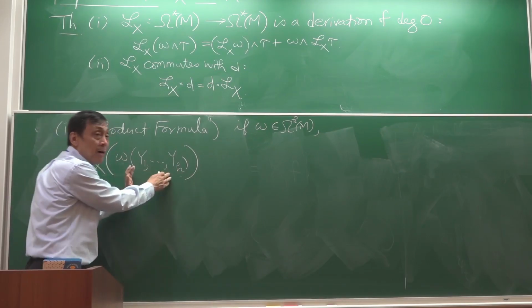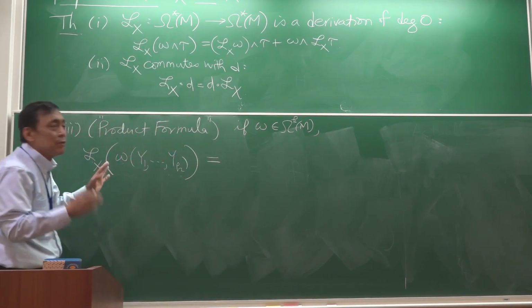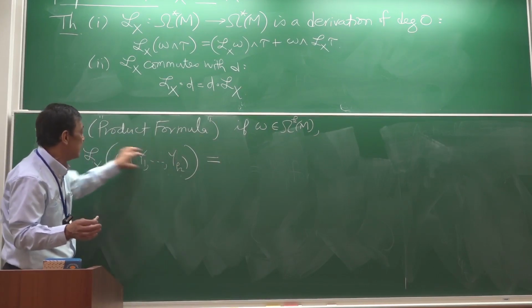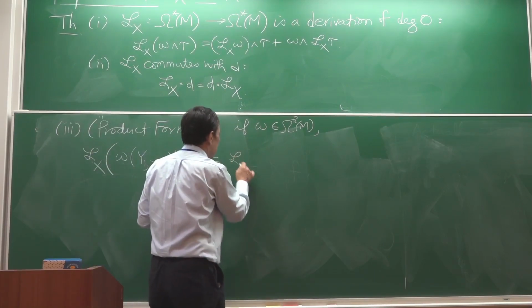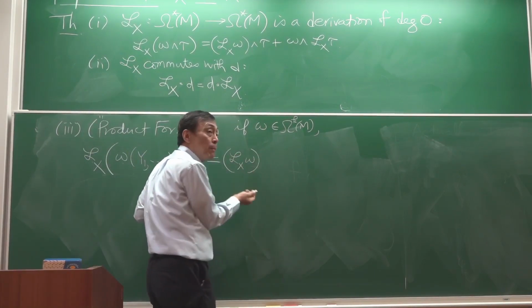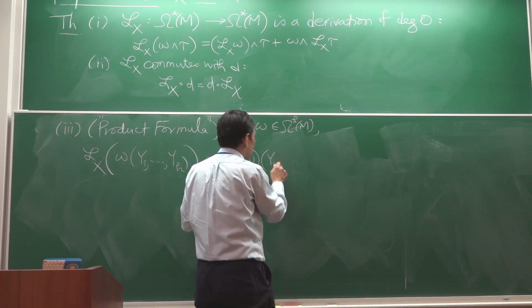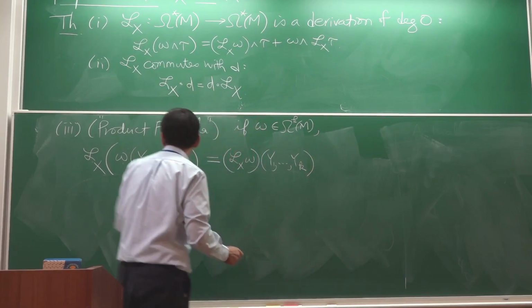So the Lie derivative of that function, it turns out that it looks almost like a product. You just take the Lie derivative of each of these things. So you first take the Lie derivative of omega, and it's still a k form, so you apply it to y1 to yk.